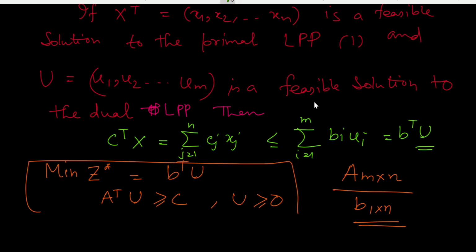Therefore, note that the dual objective value B transpose U, which is z star, is greater than or equal to the objective function of the primal. This is known as the weak duality theorem.